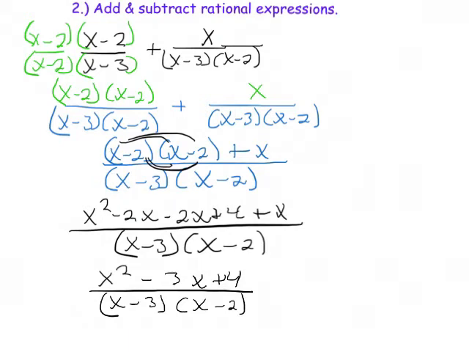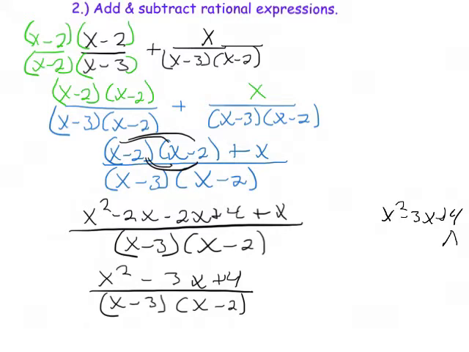Now at this point I might be almost done, but before I just say that I'm going to be done, I need to find, can this thing divide out, which means I need to factor my numerator here. So let's go over here a little bit: x squared minus 3x plus 4.